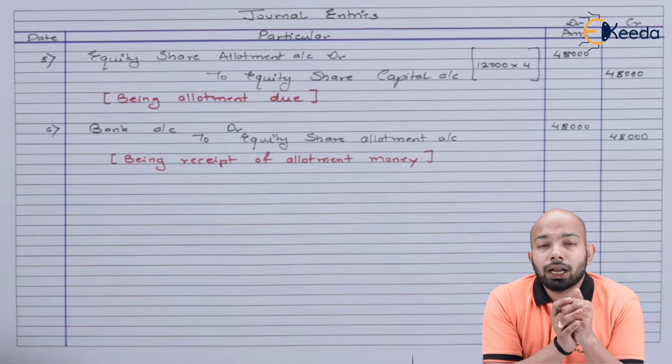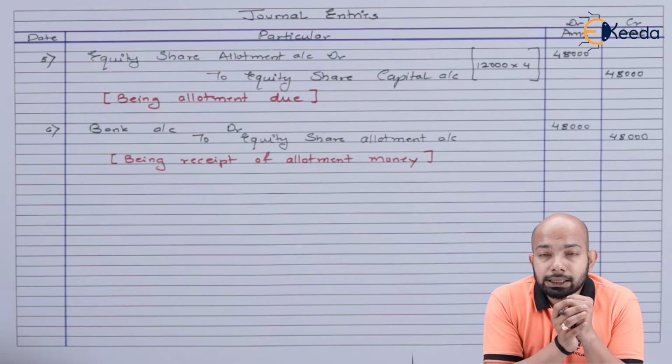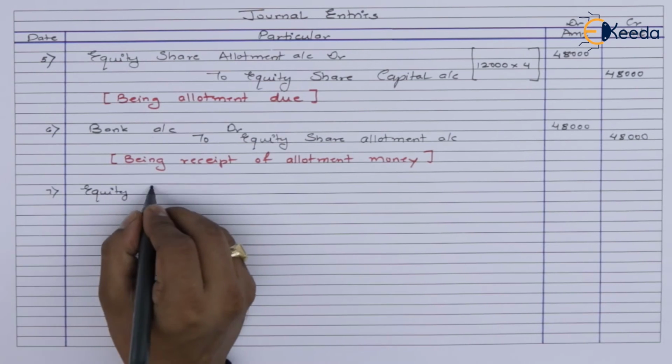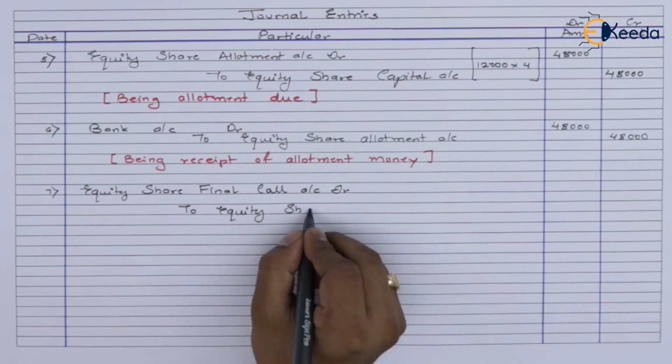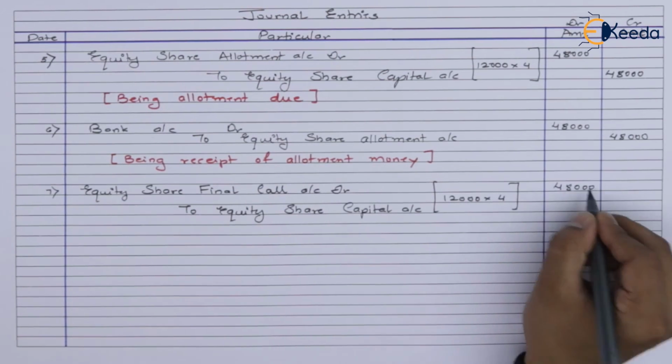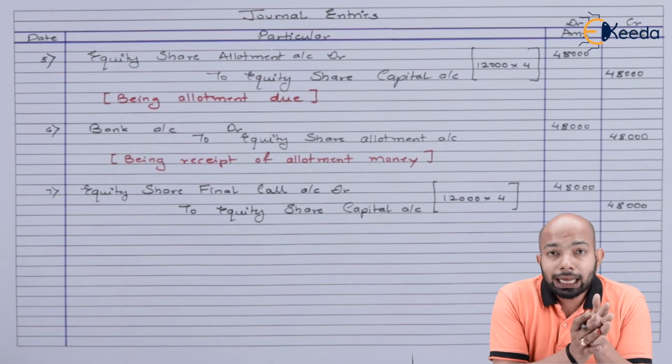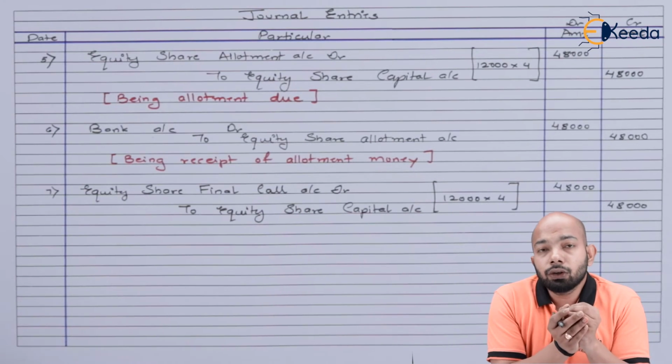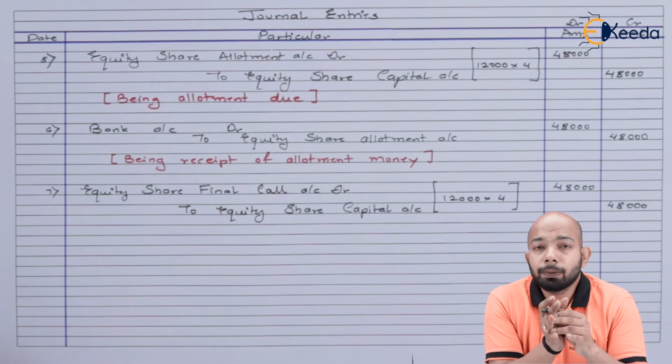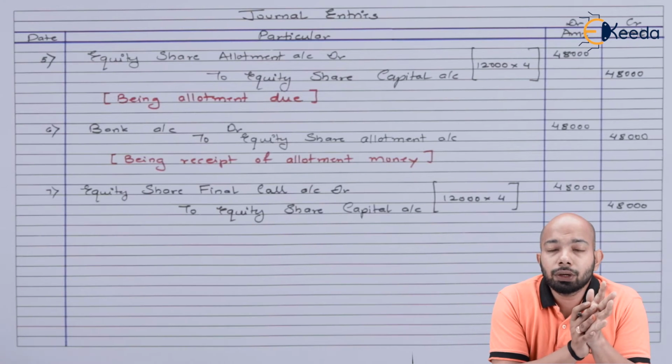The last entry, or rather the second last entry that we have to pass here, is first and final call due. Again, whatever equity share final call is due, that is 12,000 multiplied by 4 rupees, will give you a total amount of 48,000, which is supposed to be expected.